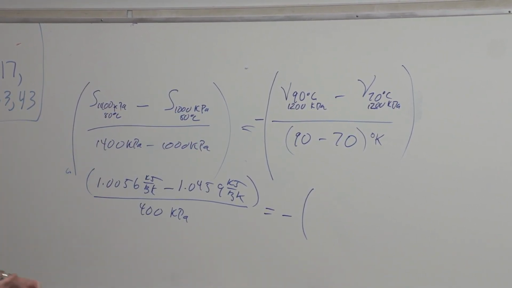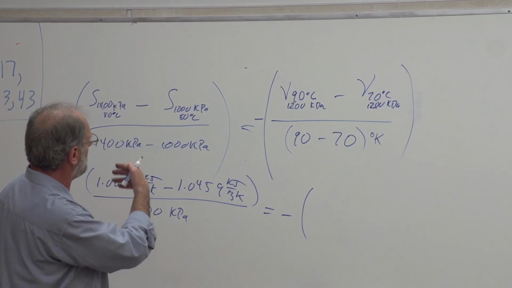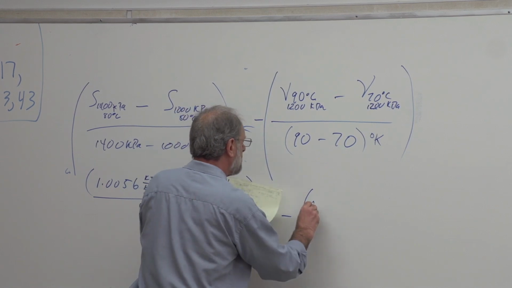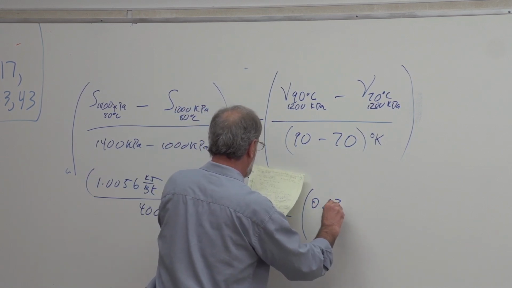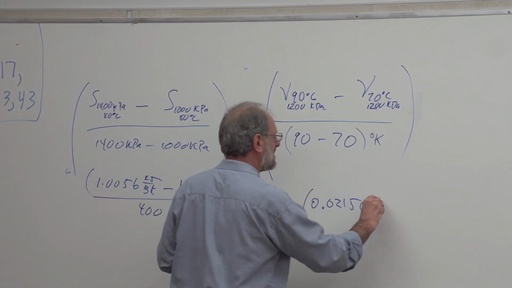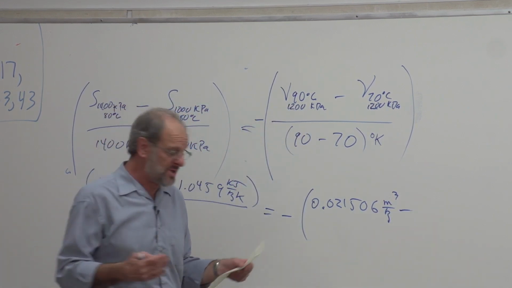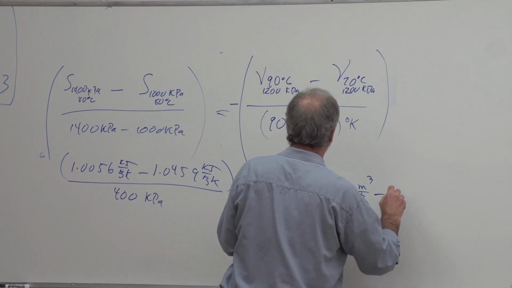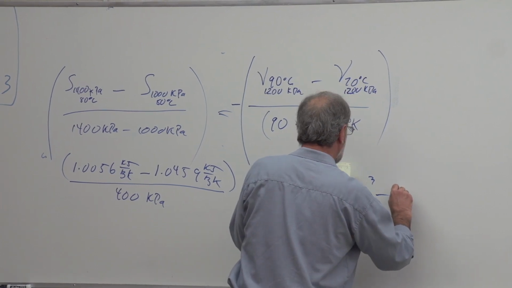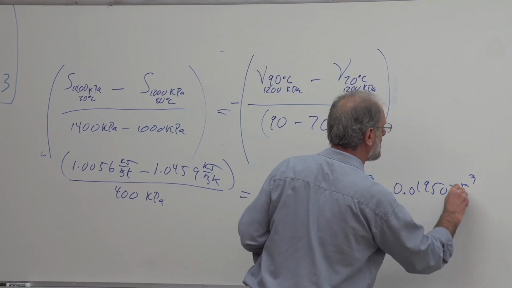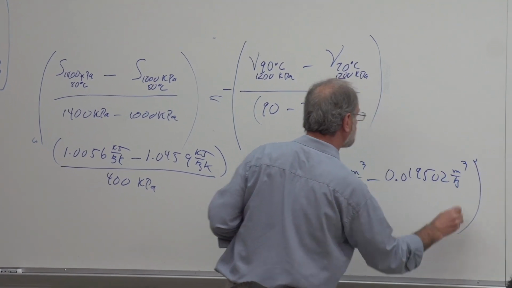And now we go back into our tables again, and we look up the specific volume at 90 degrees Celsius, 1,200 kilopascals. And that's going to be 0.021506 cubic meters per kilogram. And then at 70 degrees Celsius, but at the same 1,200 kilopascal pressure, this is 0.019502 meters cubed per kilogram.